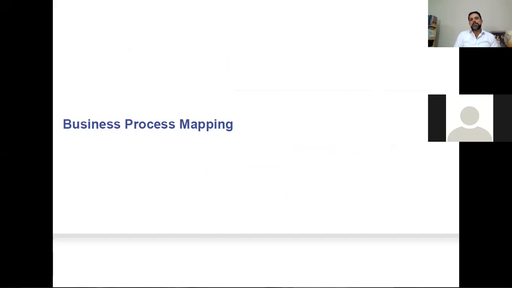This is the business process mapping. So any business these days, usually people have procedures and processes in order to follow as a part of an ISO certification, or as a part of their own quality control system, or just as a part of doing it correctly.